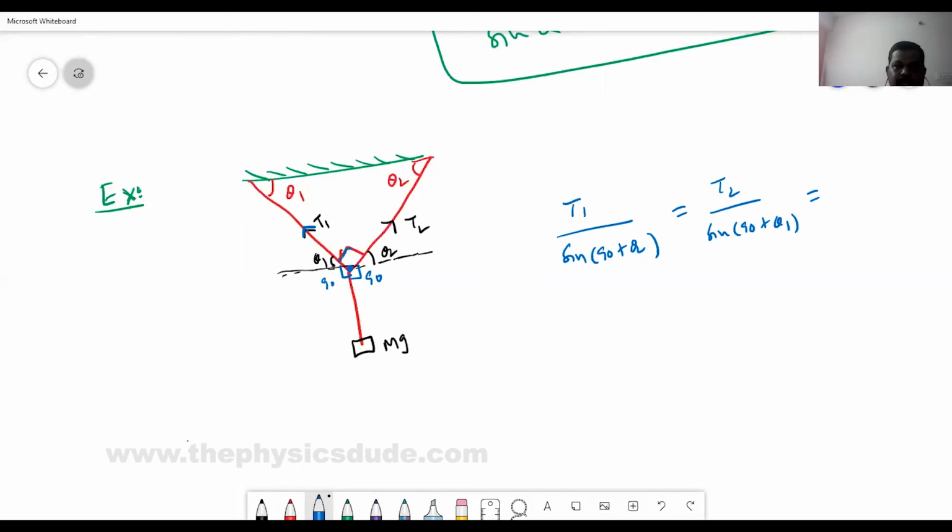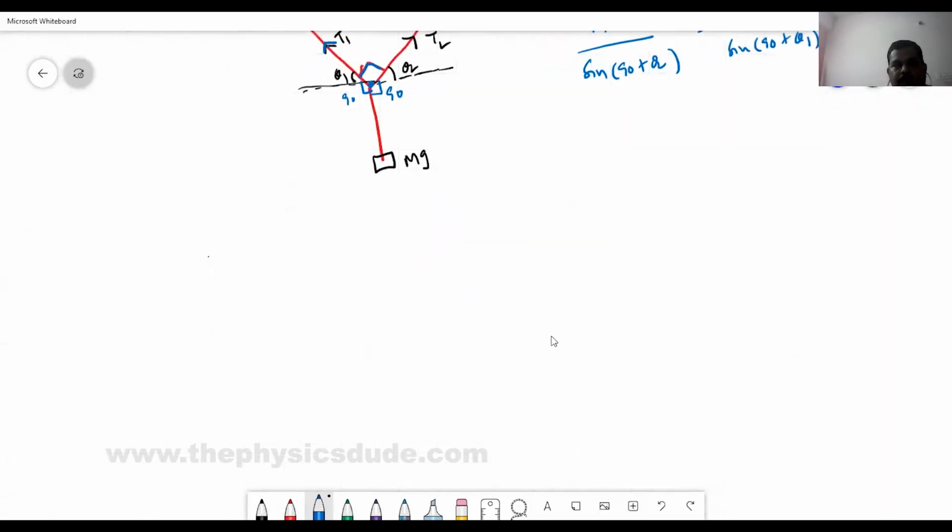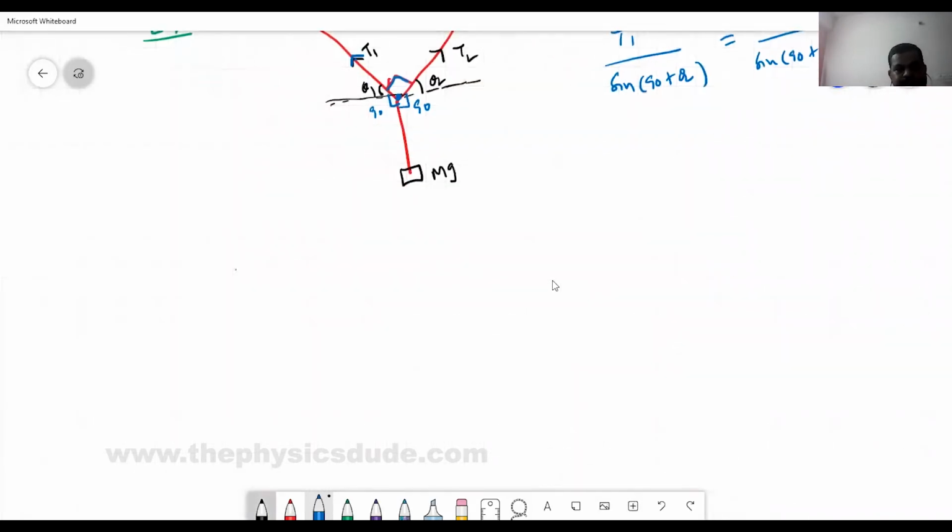So what is the angle here? 90. So simply W by sine 90, that is mg. So if you know theta 1, theta 2 values, we can easily solve them. When we go to a numerical problem, we'll understand how to apply it.